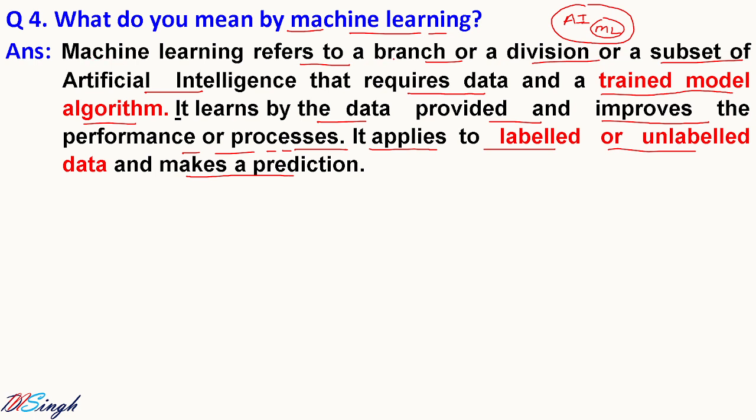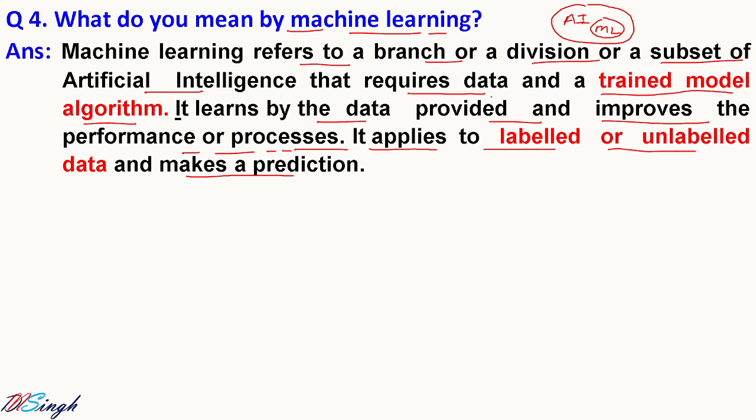Machine learning refers to the branch or division or a subset of artificial intelligence. Okay, so it is a subset or a branch or a division that requires data and a trained model algorithm. ये दो चीजों की रिक्वायरमेंट है, एक तो डेटा की, इसको चलाने के लिए मशीन लर्निंग को, और ट्रेंड मॉडल की.